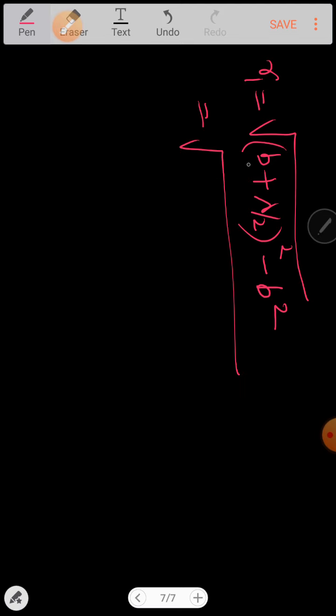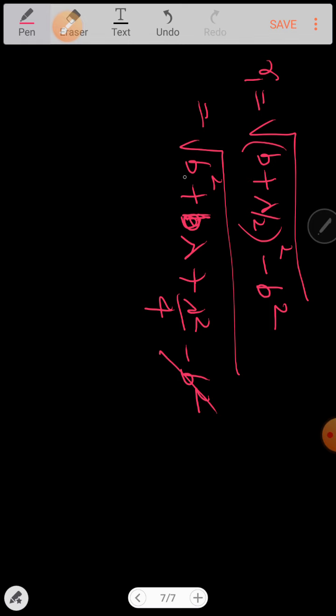R1. b plus lambda by 2 the whole square is b square plus 2b into lambda by 2, that is b lambda, plus lambda square by 4, minus b square. b square gets cancelled, and lambda is a very small value, of angstrom range.